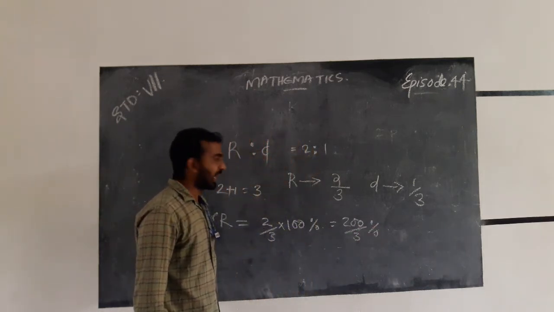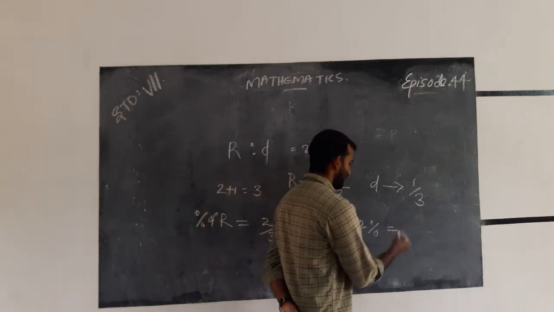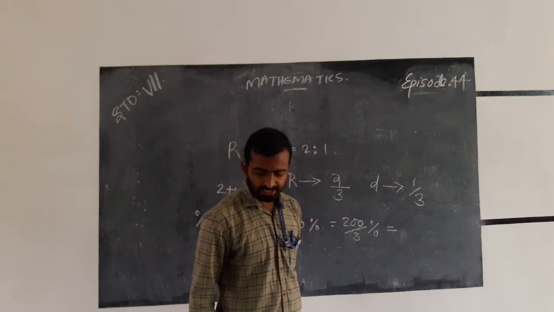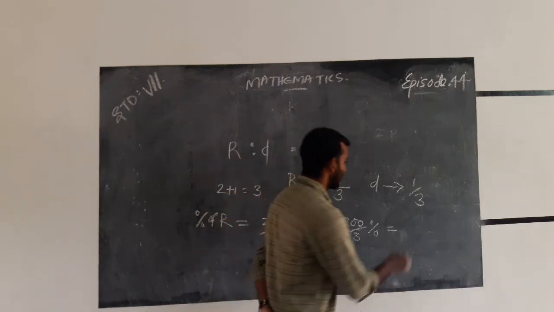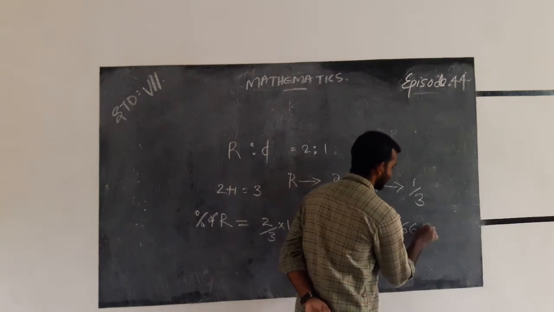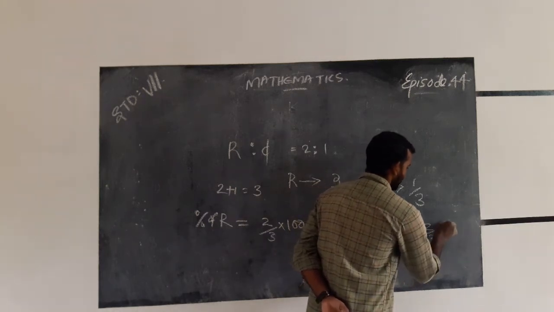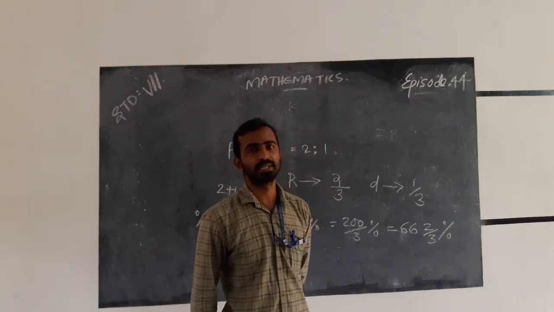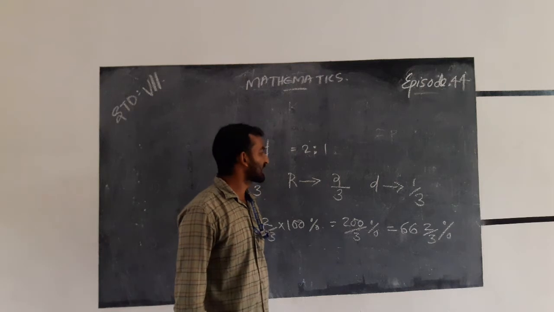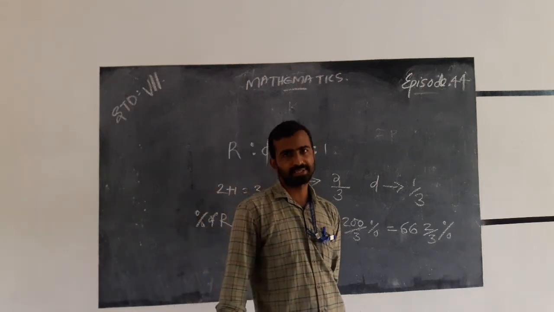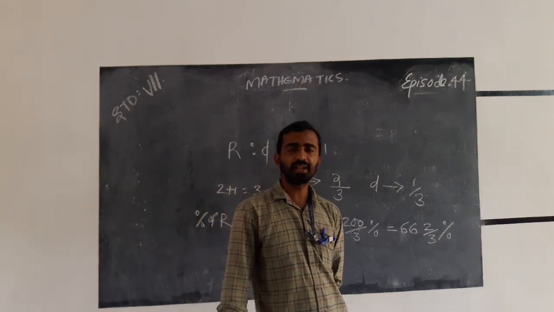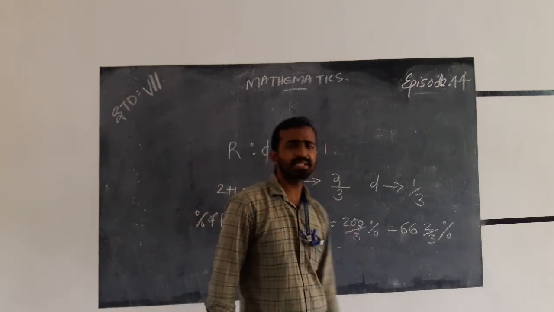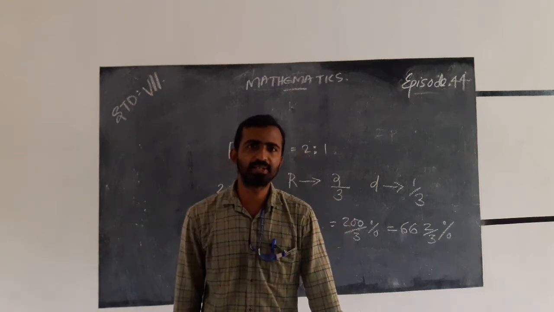When we simplify, that is 66 and 2 by 3%. Is it right? Yes, when we divide 200 by 3, we get 66 and 2 by 3%.